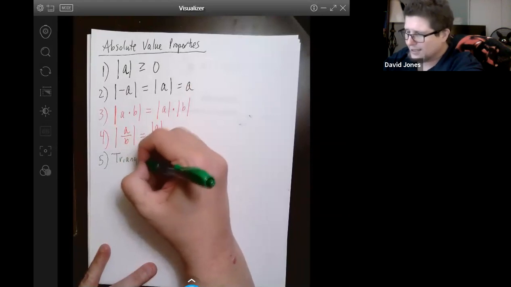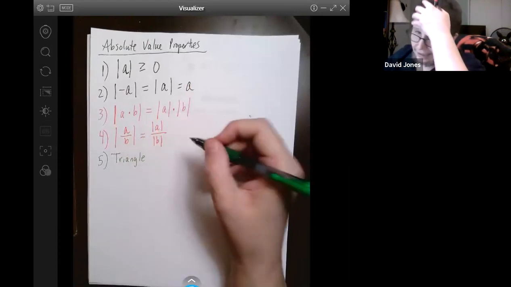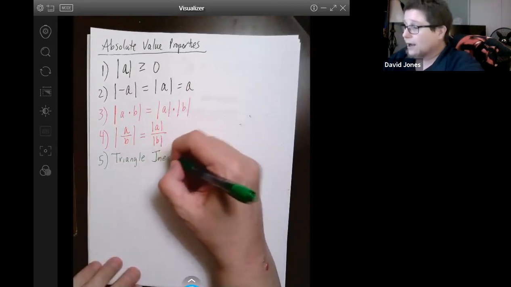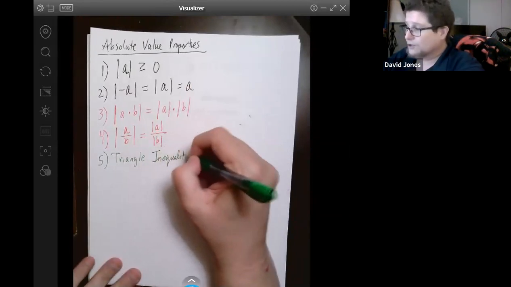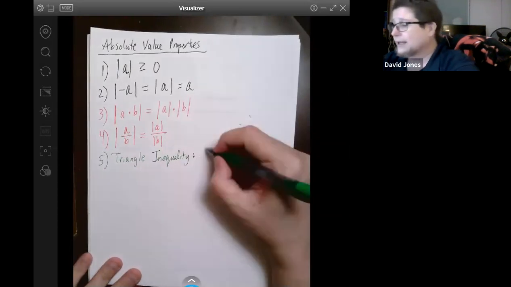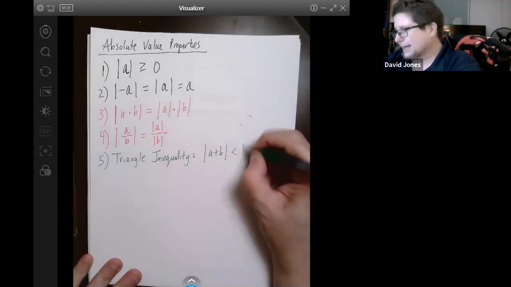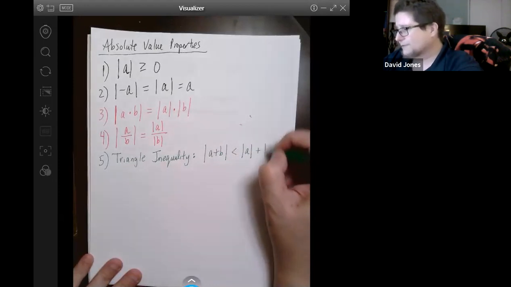You might use this in proofs someday in higher level math when you get there, but that's a long way down the rabbit hole. And they'll remind you of it then. The triangle inequality: the absolute value of A plus B is always less than or equal to the absolute value of A plus the absolute value of B.